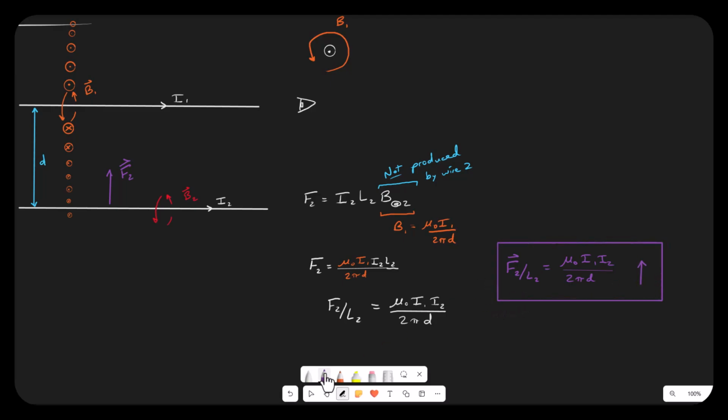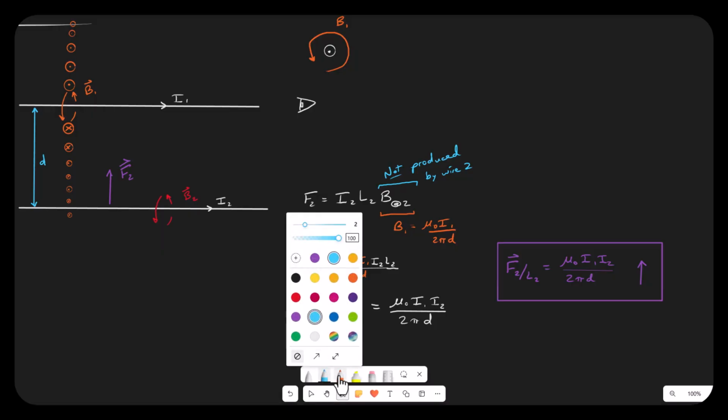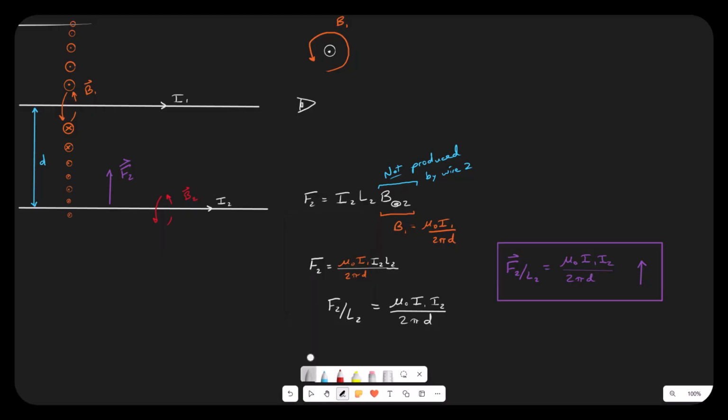I can do a little bit more. This is only one of the two wires that's present. I also want to be able to look at the force on wire 1. Now that was a lot of work to get this, right? None of it was particularly hard work, but it was kind of a lot. So let me think about this.